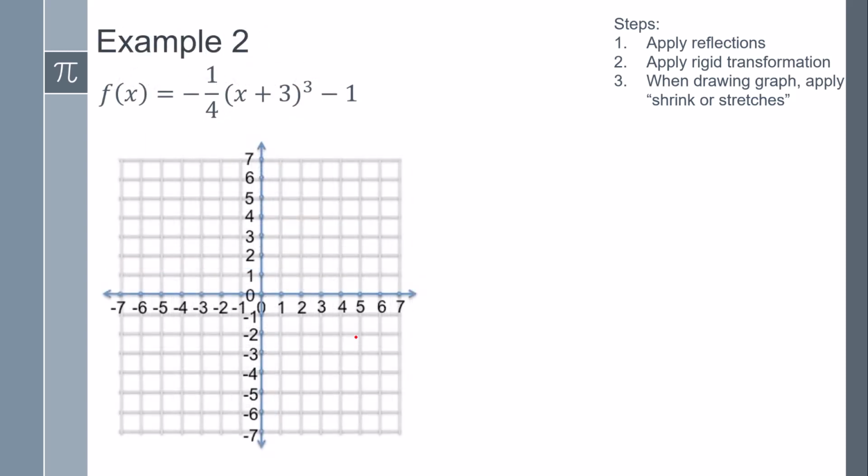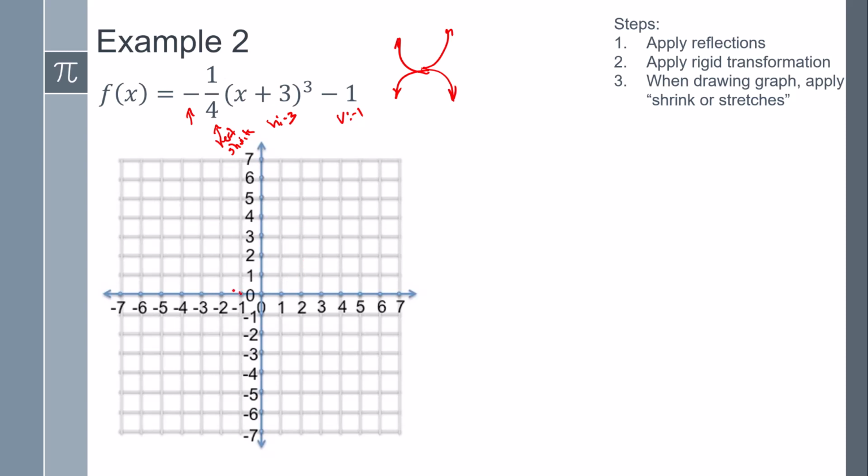For this one, negative 1/4 times x plus 3 cubed, I know that's going to be my cubic function. Reflection over the x. Here we are going to have a vertical shrink. We have a horizontal shift of -3 and a vertical shift of -1. So I have the reflection, so that's going to go down and that's going to go up.